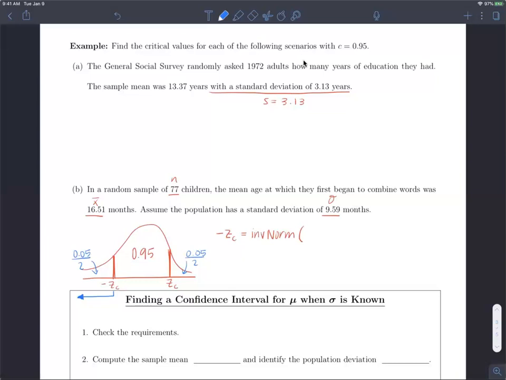And so when you plug this into your calculator, you're going to do inverse norm 0.05/2, because it's the standard normal curve, so you still use 0 and 1. But then you should always get a negative number.